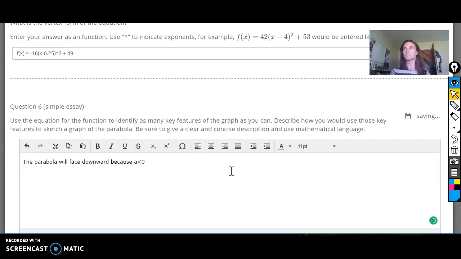We also know that the vertex is at 0.25 and 49.